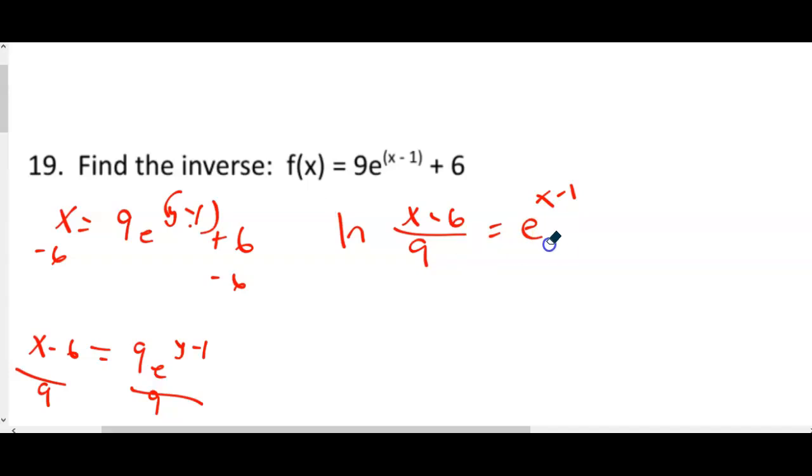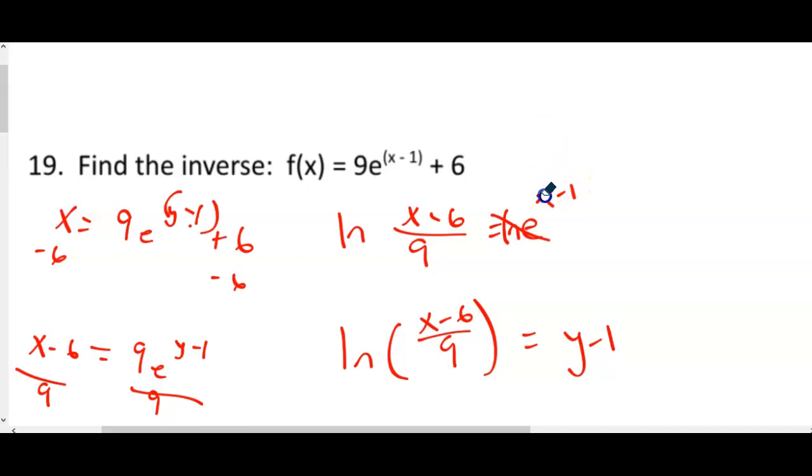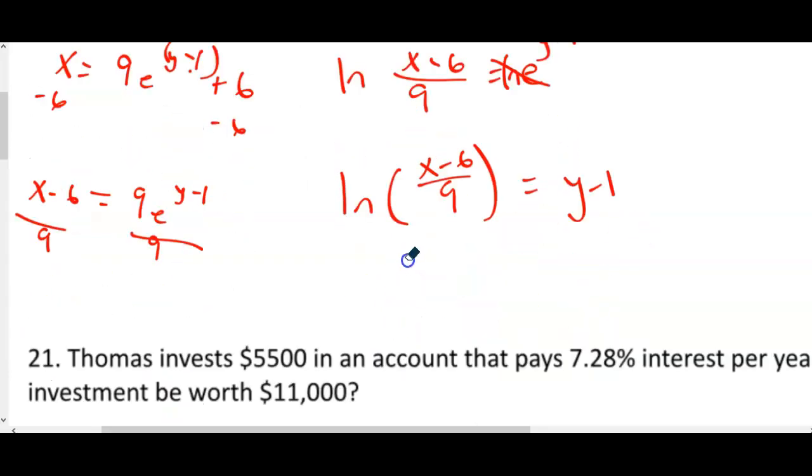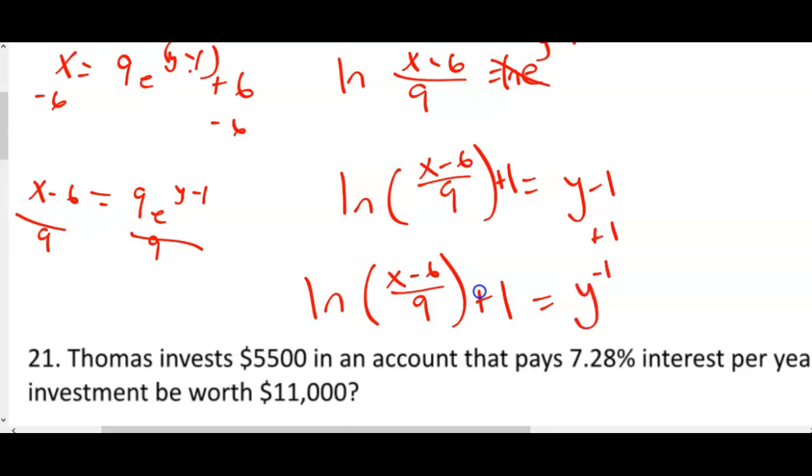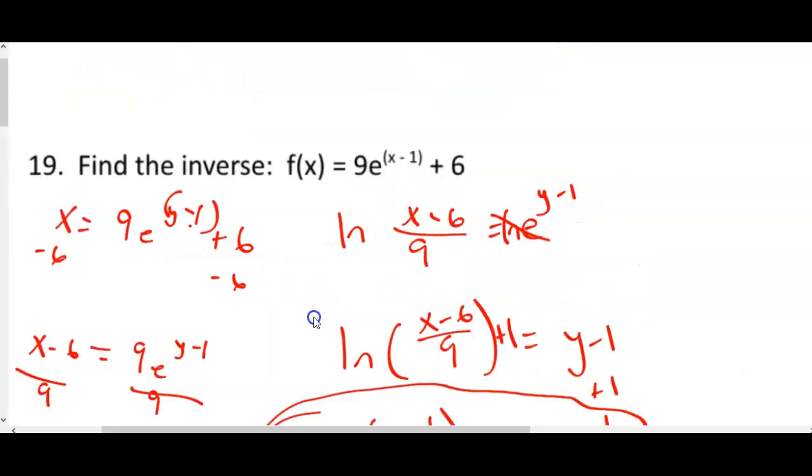The inverse of e is natural log. So we're going to natural log both sides. So we have natural log of x minus 6 divided by 9 equals y minus 1. Sorry, I rewrote this right here. There you go. And so we're going to add 1 on both sides, so plus 1. So we have natural log of x minus 6 over 9 plus 1 equals y, right there. Like that, okay? And that is number 19.